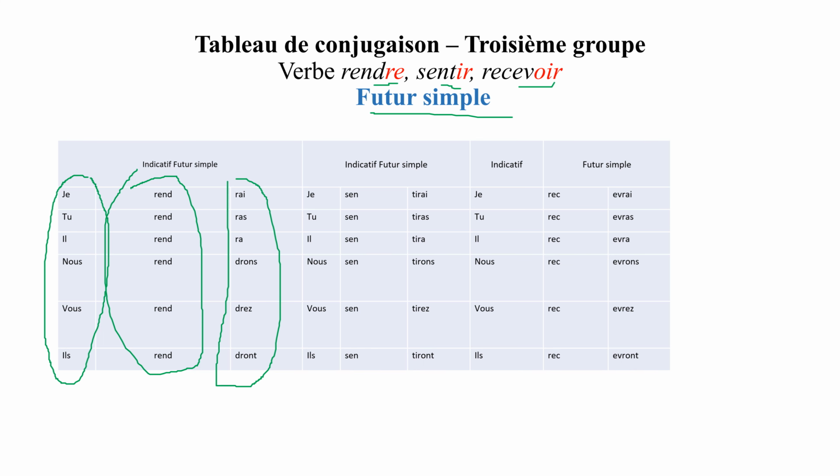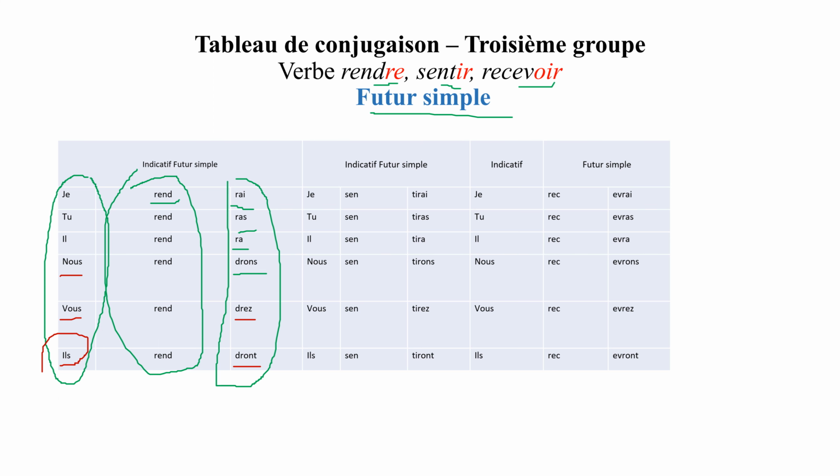For the verb rendre, all you have to do is take your root, add your ending, RAI, RAS, RA, RONS for the first person plural, REZ for the second person in plural, and for the third person plural is RONT. Je rendrai, tu rendras, il rendra. Keep in mind, nous rendrons, vous rendrez, ils rendront.